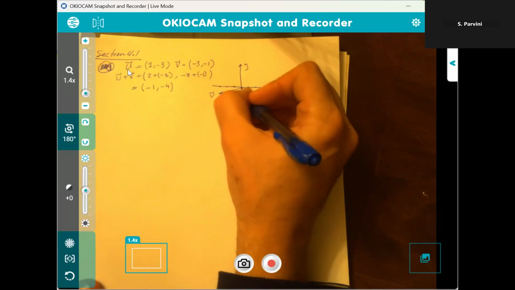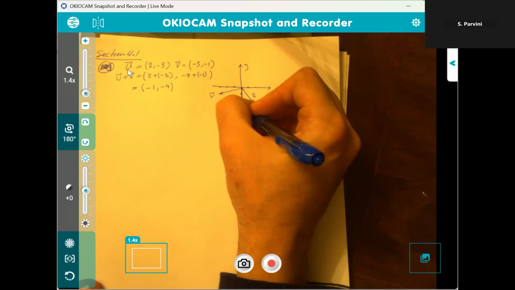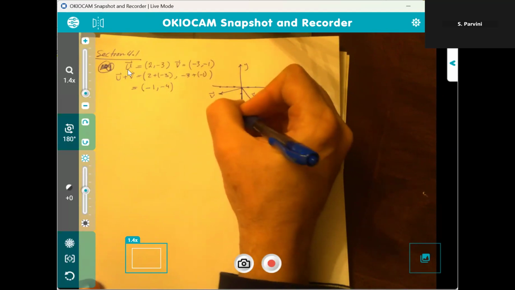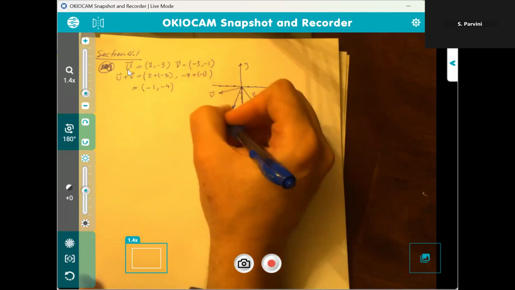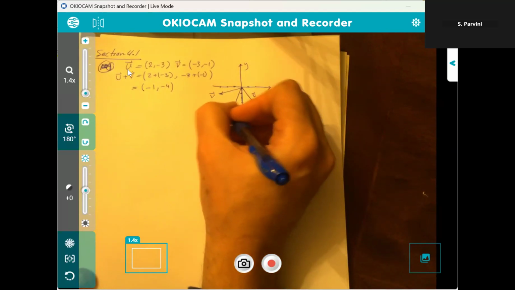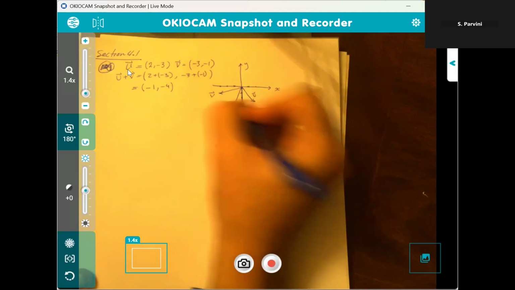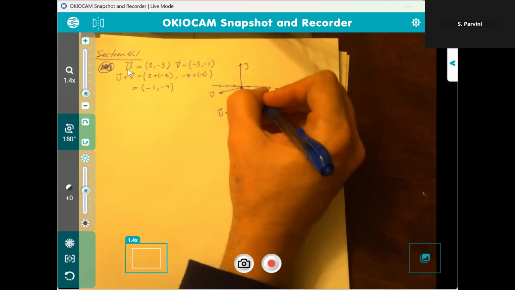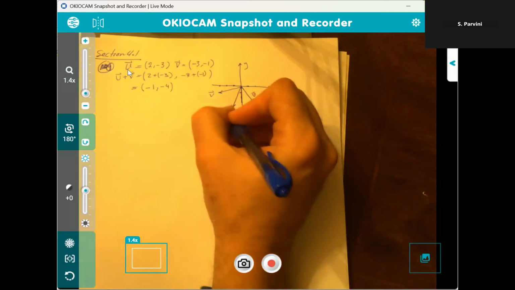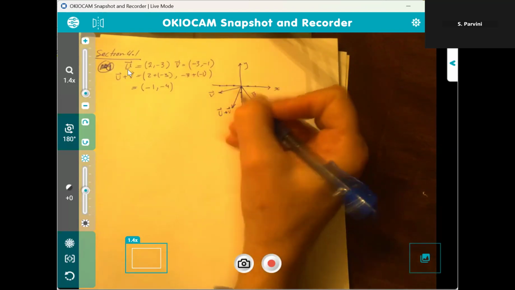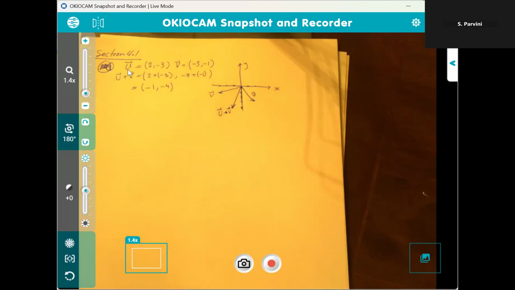This is negative 1, and 1, 2, 3, and negative 4, roughly about here. So this is where the sum vector is going to go. That's going to be u plus v. And this is the analytical method of doing it. We did not use triangle or parallelogram. We simply use the analytical method using numbers and properties.